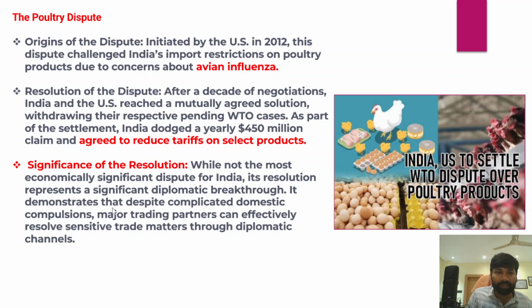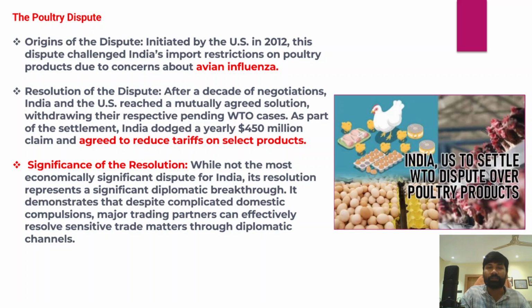So therefore it demonstrates that, despite having complicated domestic compulsions on the US side and on the Indian side also, two major trading partners, if they are determined to resolve sensitive trade matters, can settle them through diplomatic channels, negotiations, or any other means.